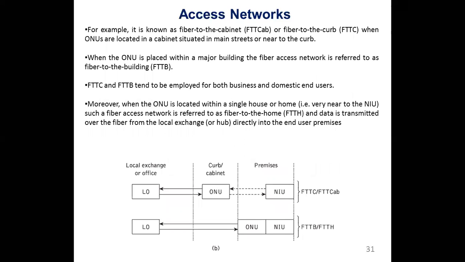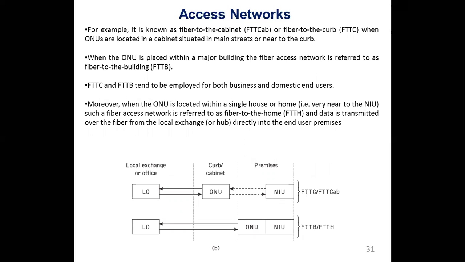You can have fiber to the cabinet, fiber to the curb, when ONUs are located in a cabinet or some curb, and if you have the ONU placed in a building, that is fiber to the building. You have FTTC and FTTB. These are basically employed in business and domestic use.